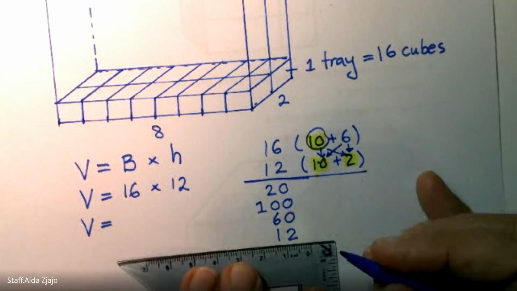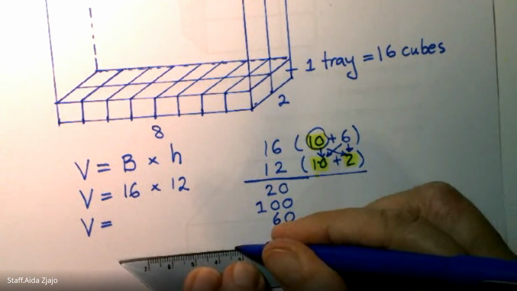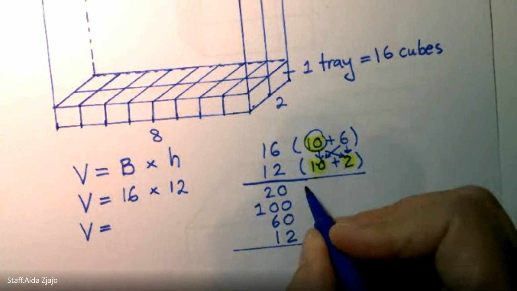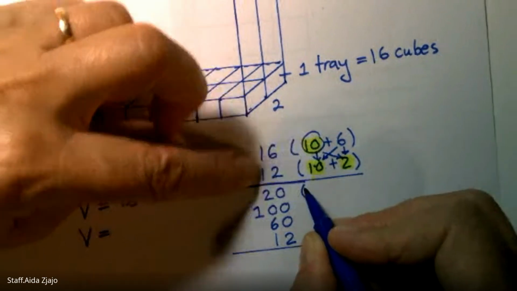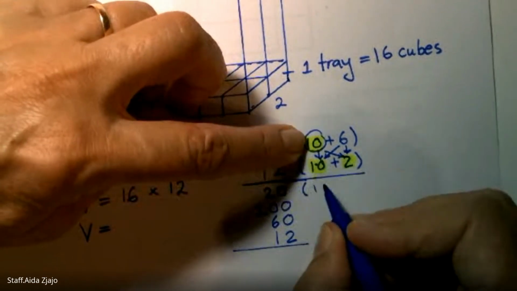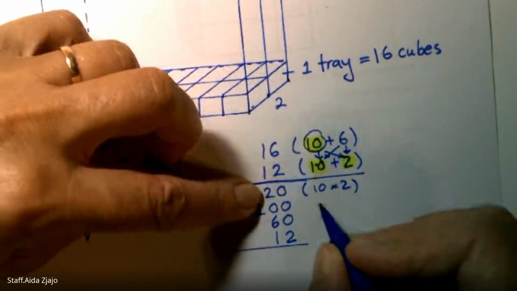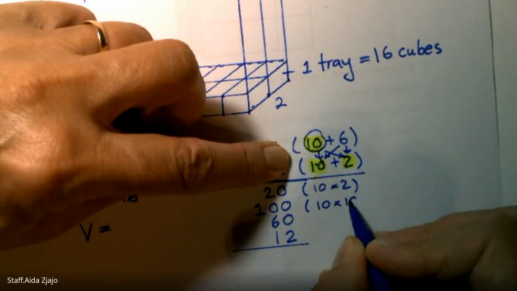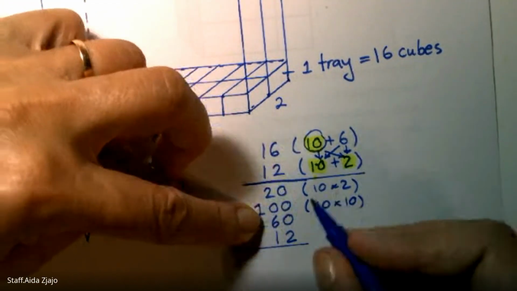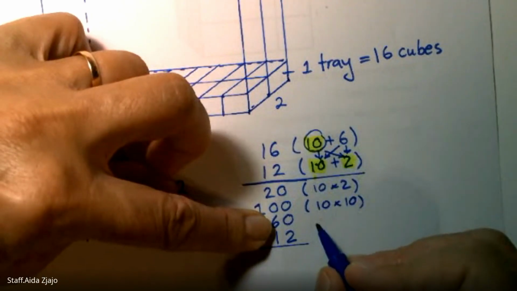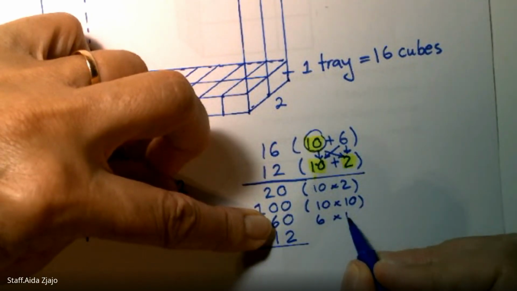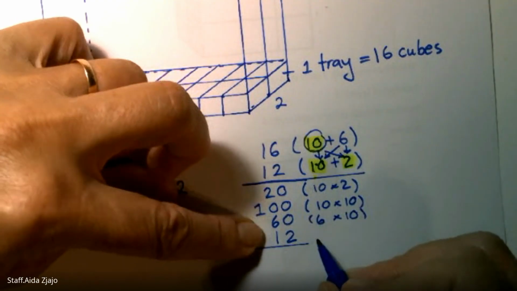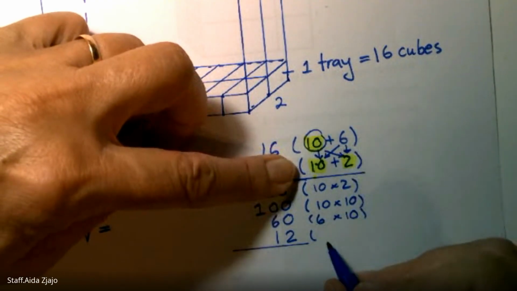When I did all this, I can show you what that is. This one is 10 times 2. This one is 10 times 10. This one is 6 times 10. And the last one is 6 times 2.